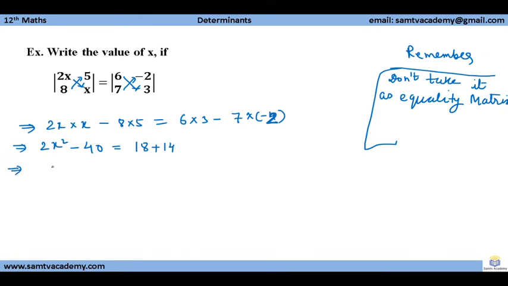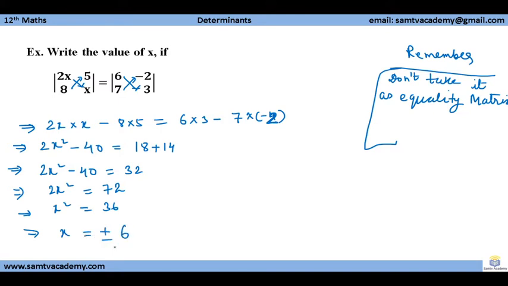Again, next, 2x square minus 40 equal to 32. Now we solve this. 2x square is equals to 72. So x square is equals to 36. Now the value of x will be plus minus 6.